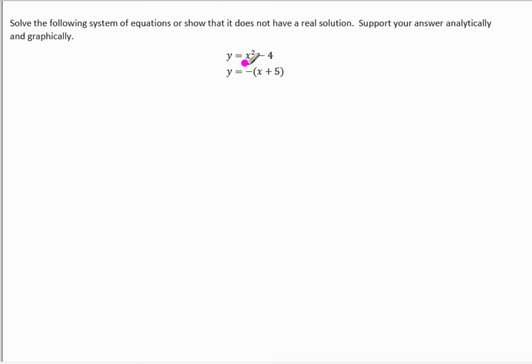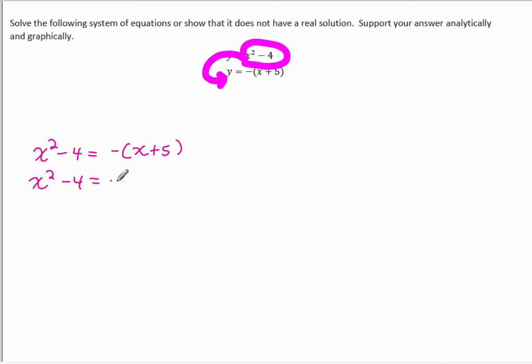I'm going to use substitution. Every time I see a y, I'm going to replace it with x squared minus 4. x squared minus 4 equals negative x plus 5. x squared minus 4 equals negative x minus 5 as I distribute the negative.